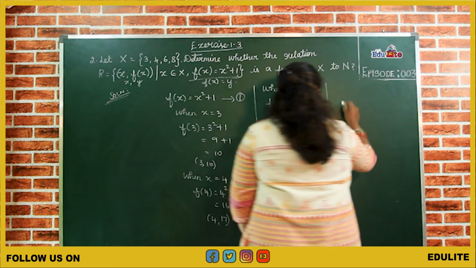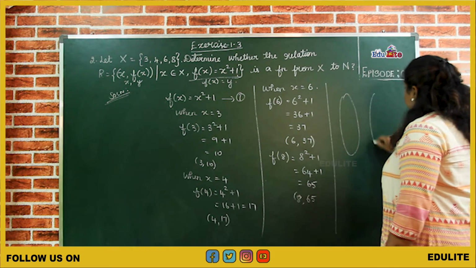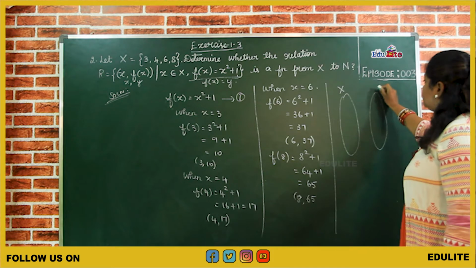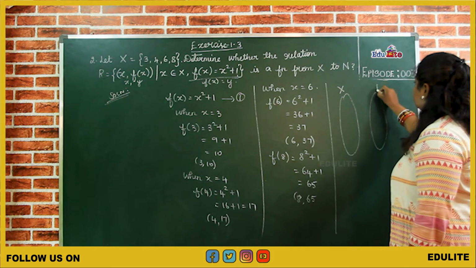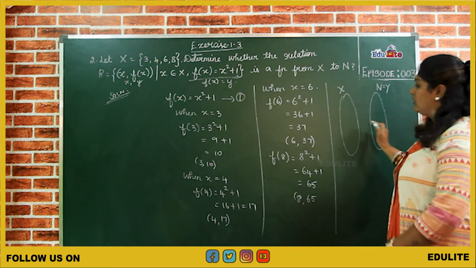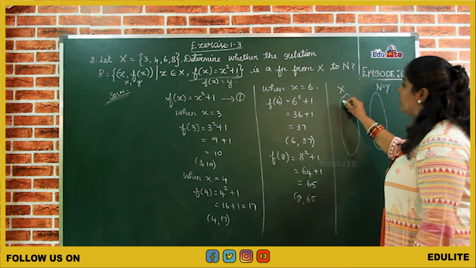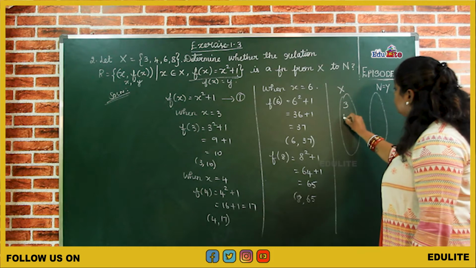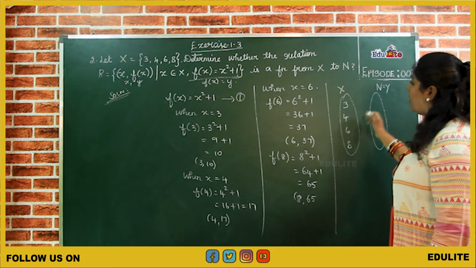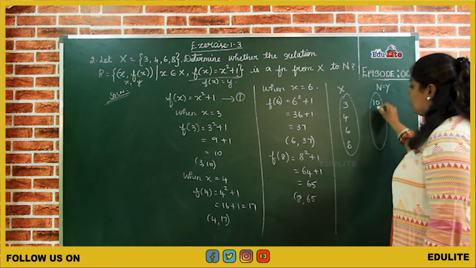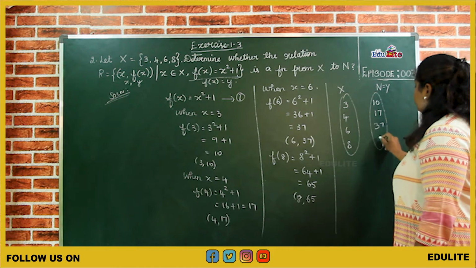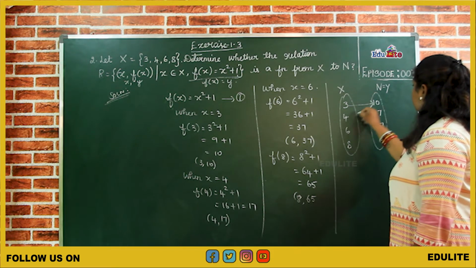So, let us map it. X to a natural number. This natural number we will consider as y. This set consists of natural numbers which we denote as y. The set of x values given is 3, 4, 6, 8, and the values of y we got: when x is 3 it is 10, when 4 it is 17, when 6 it is 37, when 8 it is 65.